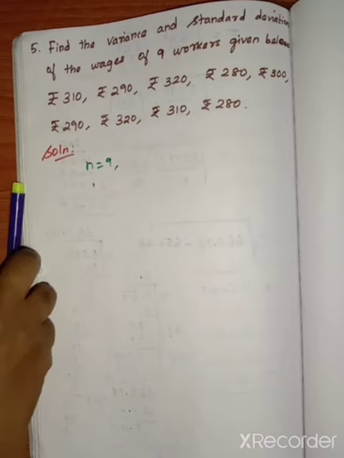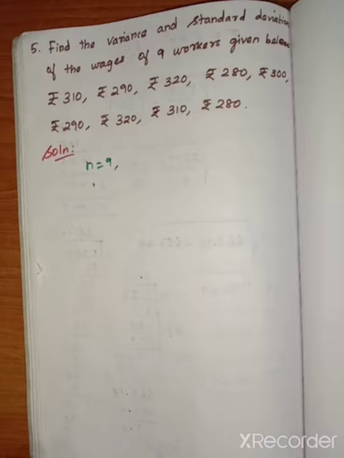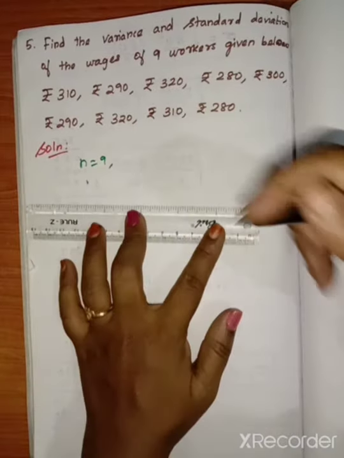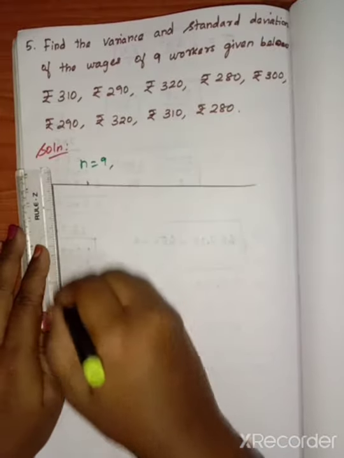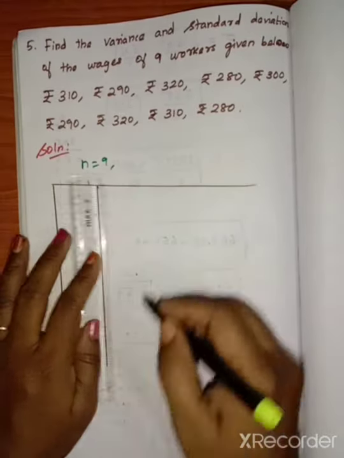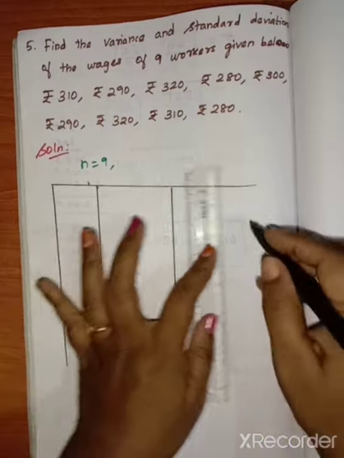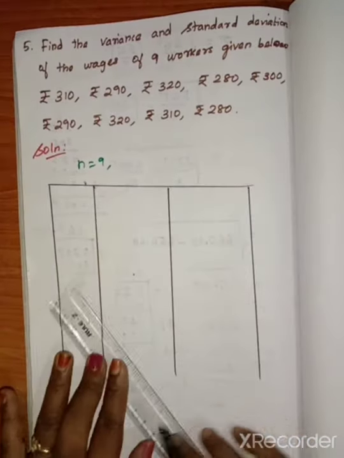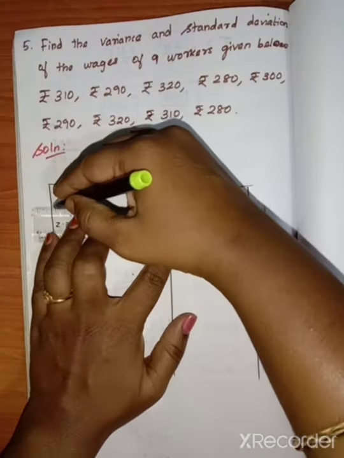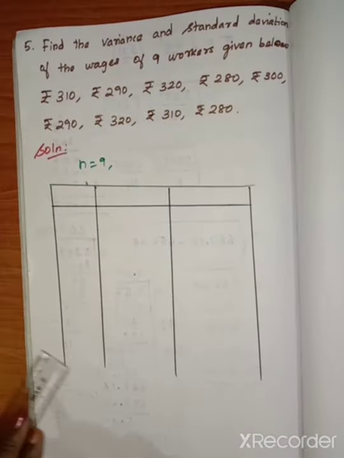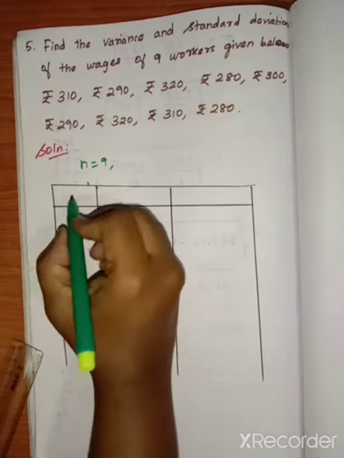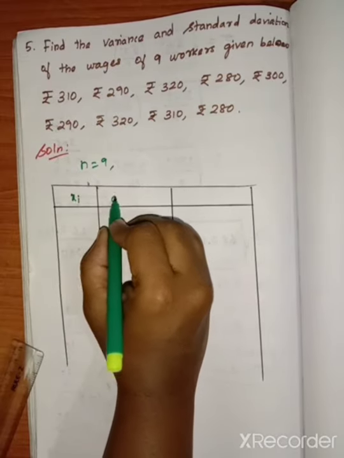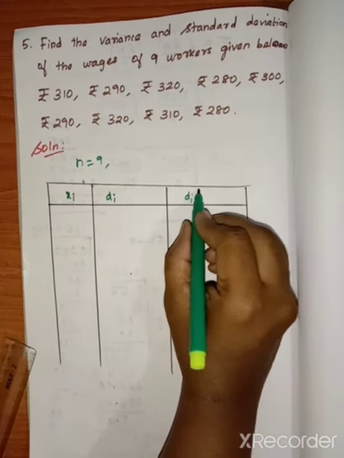The assumed mean method means we use 3 columns in the tabular column: xi, di and di squared. So the first column is xi, then di, then di squared.